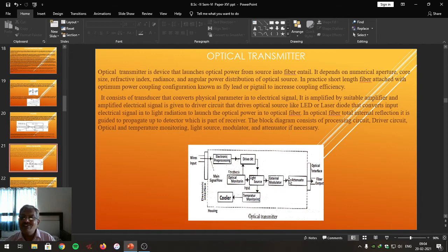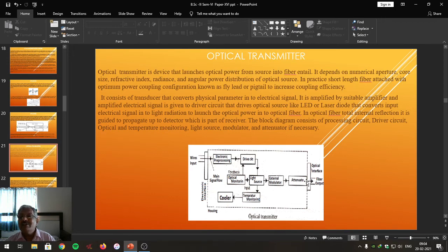These light radiations may, if necessary, be externally modulated. This means the light is detected, and after detection it is again converted into light radiation. So this modulating device is a combination of a detector and the light source.